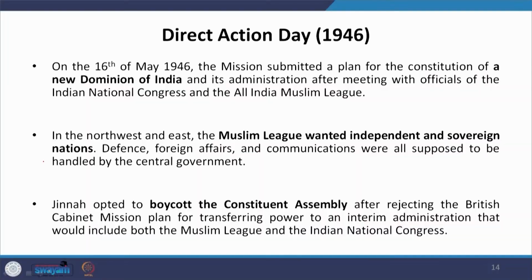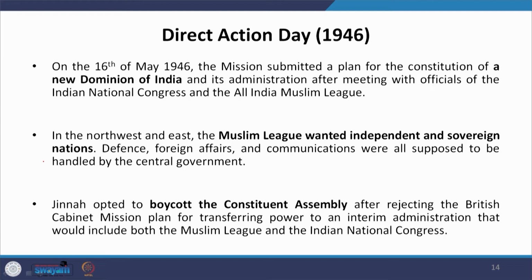So, on 16th May 1946, the mission submitted a plan for the constitution of a new dominion of India and its administration after meeting with officials of the Indian National Congress and the All India Muslim League. In the northwest and in the east, the Muslim League wanted independent and sovereign nations. Defense, foreign affairs and communications were all supposed to be handled by the central government.